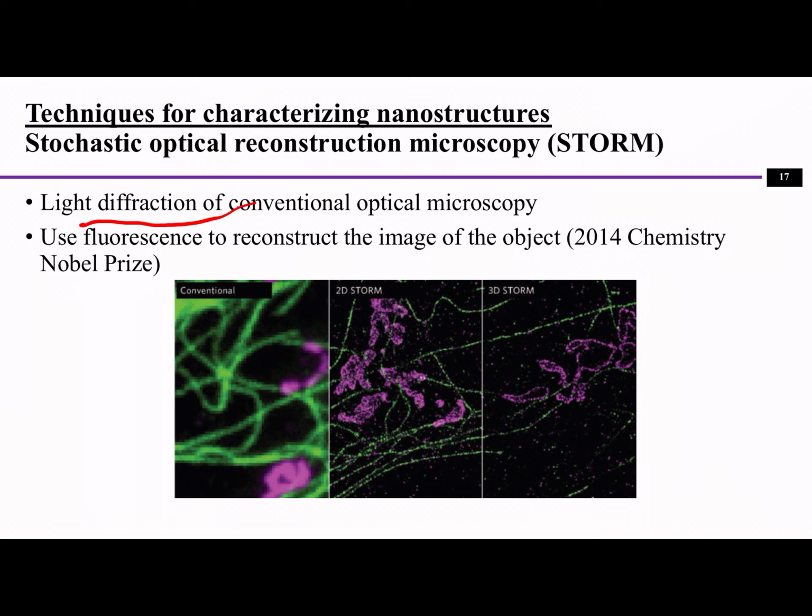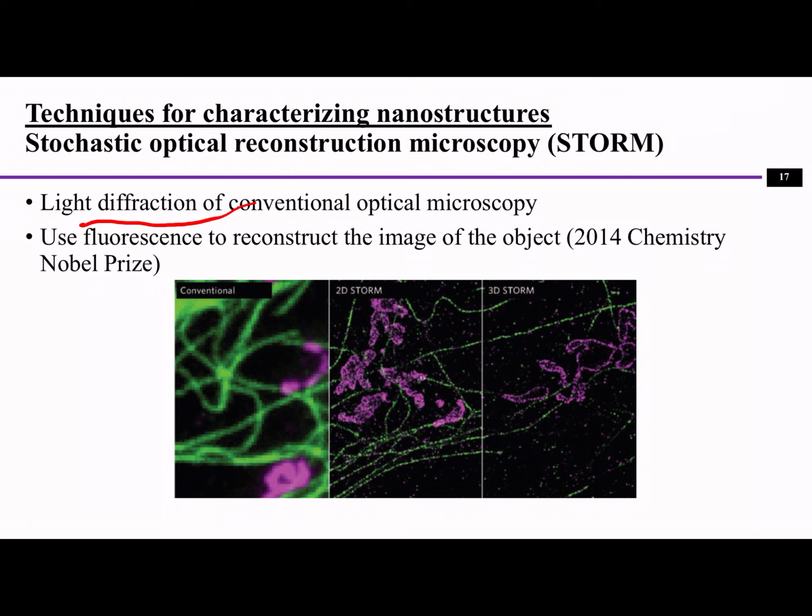So some places can be a little bit strong, some places a little bit weak, which means the image will be poor and blurry. This is how it limits the resolution of the optical microscope.